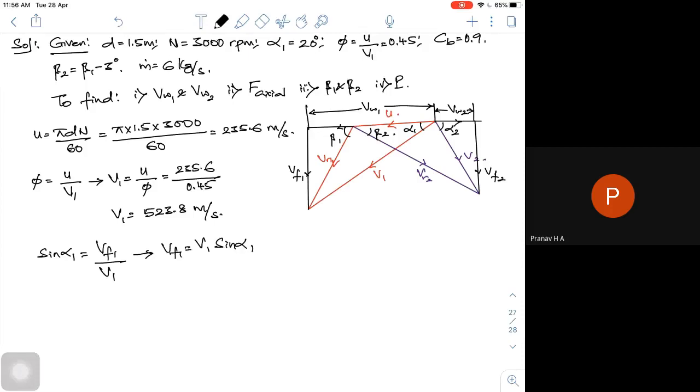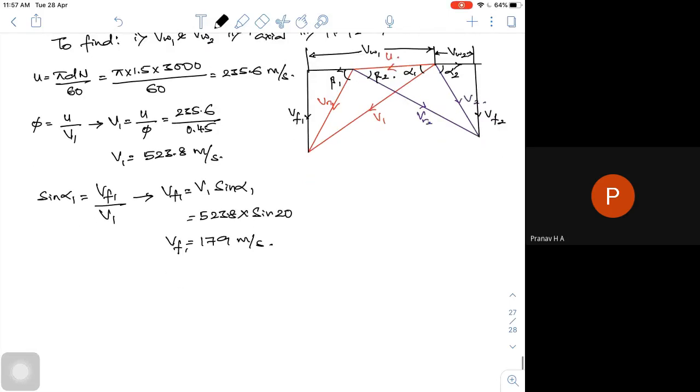So what is my V1? It is 523.8 into sine alpha 1, which is sine 20. If I substitute in my calculator, this comes to around 179. You can cross check this. Vf1 is equal to 179.